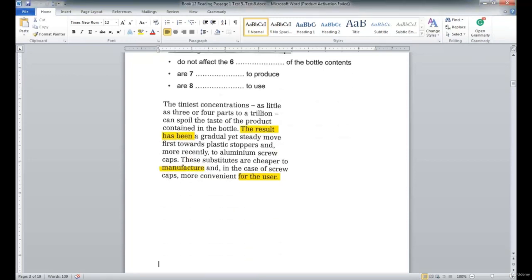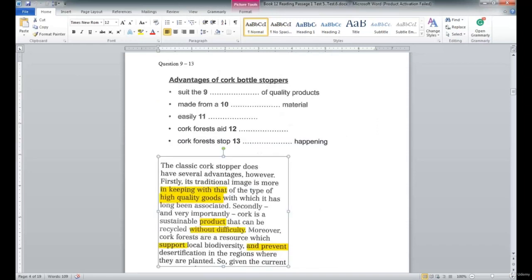All right, let's look at the next one. 9 through 13. All right, again, everybody, don't write your answers until I ask you to. Okay, go ahead and take 4 minutes and answer number 9 through 13. Don't write your answer yet, please.